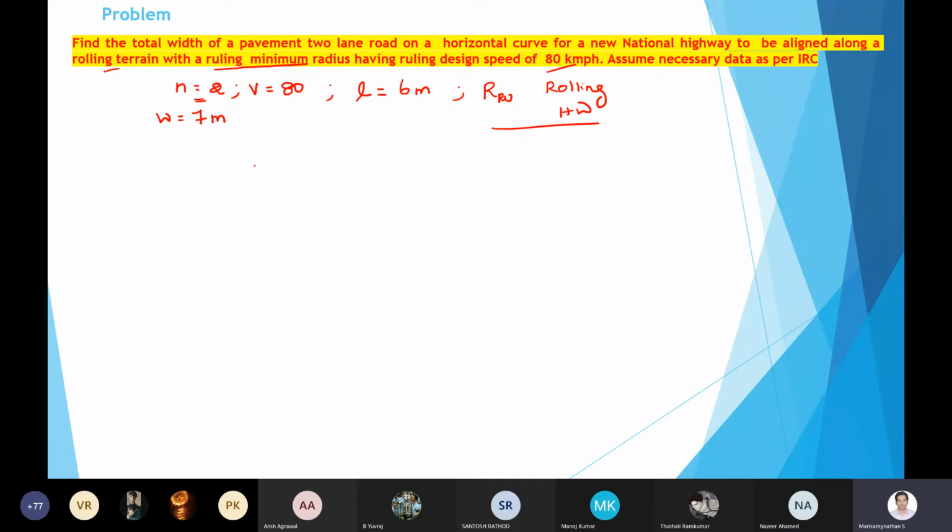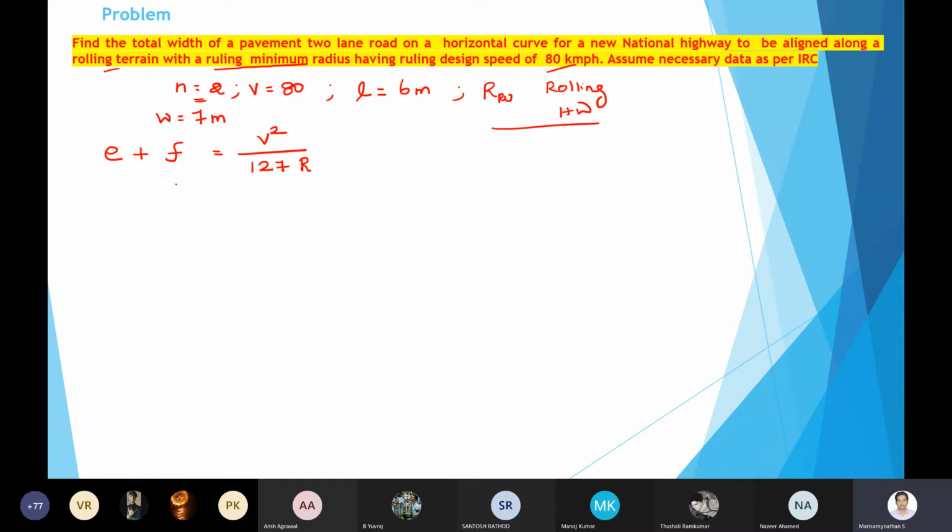So how to estimate the radius? As you know, the simple equation is from super elevation. Previously we have seen e plus f is equal to V squared divided by 127 into R. This R we are going to estimate from this particular equation. But we don't know any value of e and f.